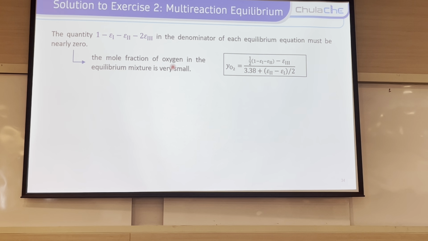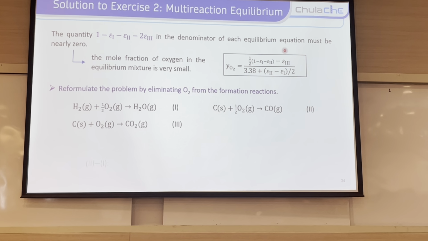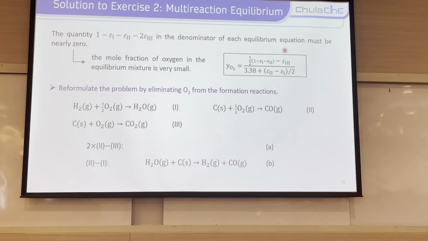It means that if you look back into the relation of the mole fraction for oxygen, where we have the purple term at the numerator, and that term is very small, nearly zero, then the mole fraction of oxygen must be very small as well, nearly zero. So at the equilibrium, oxygen might not exist anymore.